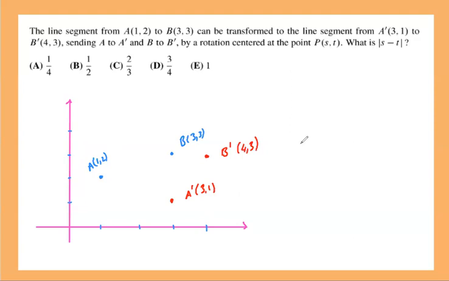It is really important to remember that whenever you rotate a point about another point, the distance between the original point, for example A, and the center of rotation should be the same as the distance between its image and the center of rotation.